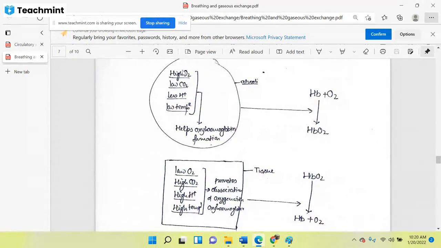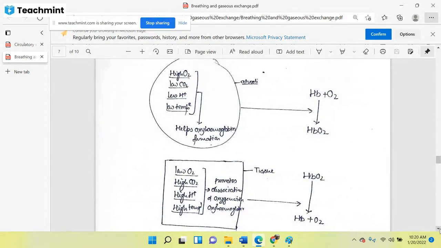When the amount of oxygen is high, the amount of carbon dioxide is low, the number of H plus hydrogen ions is less, and the temperature is low, then this condition promotes the binding of oxygen with hemoglobin, and hemoglobin becomes oxyhemoglobin.